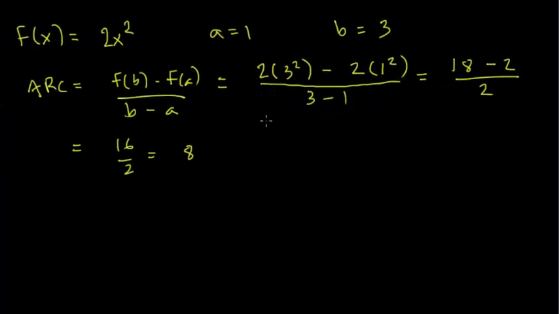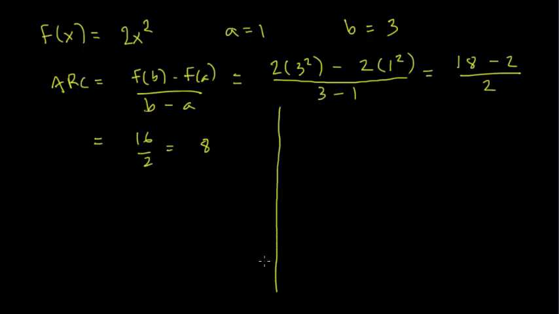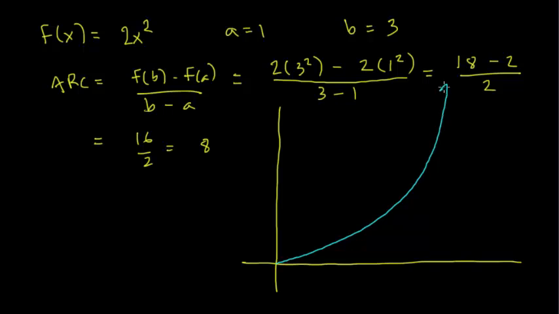And we can actually investigate this visually again. So I'm just going to draw the right side of this function, 2x squared. And the scale's not going to be totally accurate because I want to be able to demonstrate this straight line pretty easily. So if a equals 1, then f of a should equal 2. And if b equals 3, then f of b should equal 2 times 3 squared, so it should equal 18.